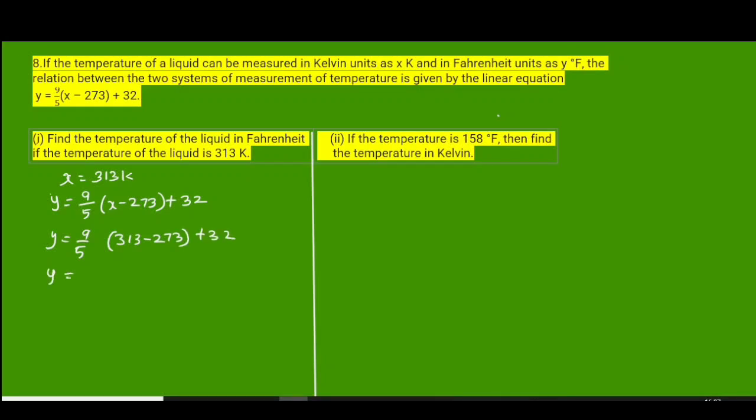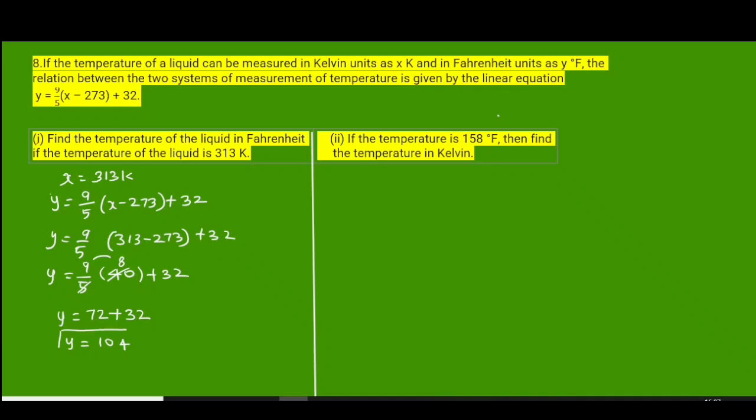While subtracting the two numbers, we will be getting 40, plus 32. Now two terms: 9/5 times 40, plus 32. We can cancel these since they are in the product. 8 times 5 is 40, and multiply 9 and 8: 8 9s are 72, plus 32, so y = 104.